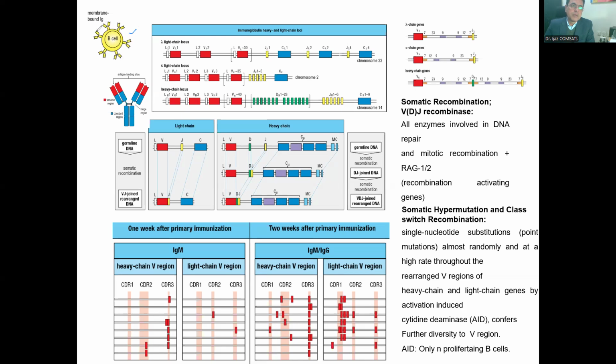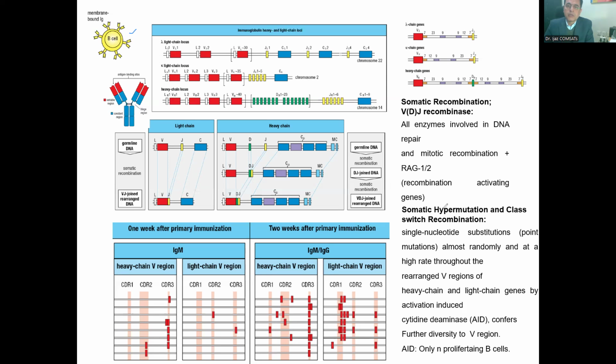The antibody or immunoglobulin is attached to the membrane of the B cell. We also call this antibody the B cell receptor. And every B cell is produced with a unique type of antibody attached to its surface.